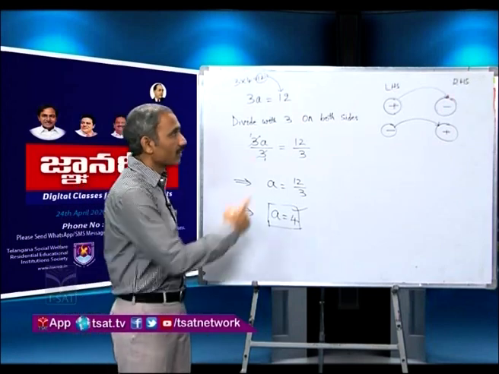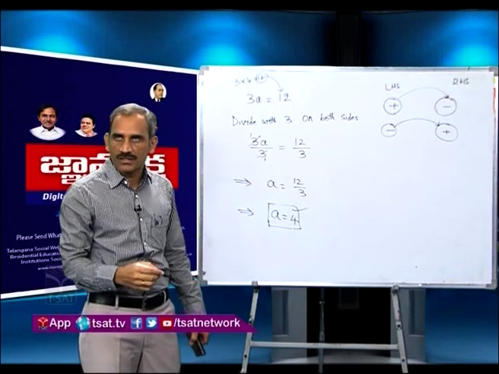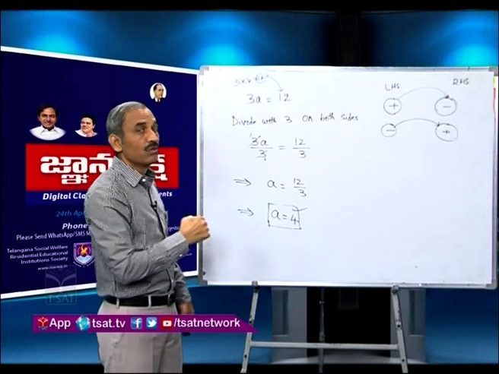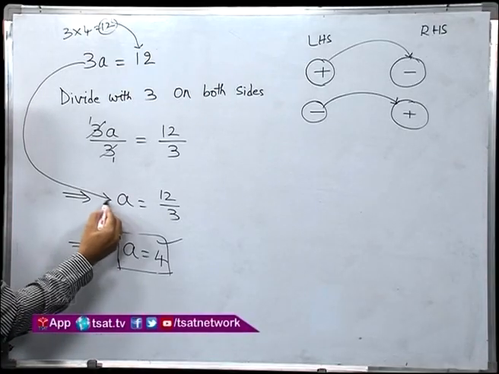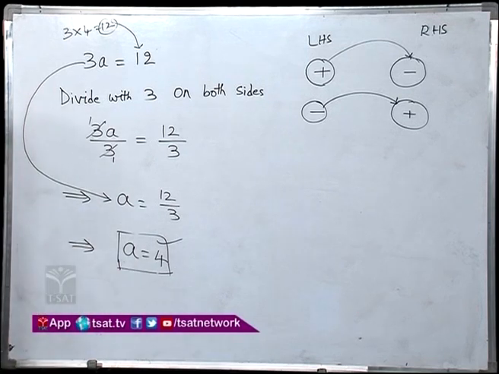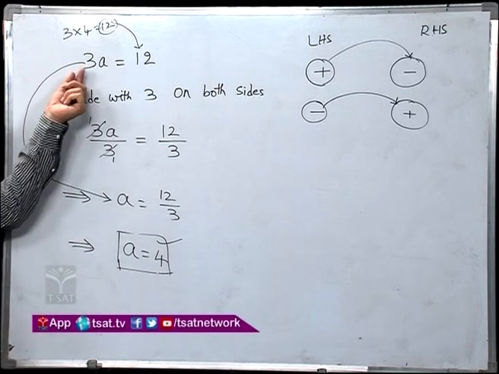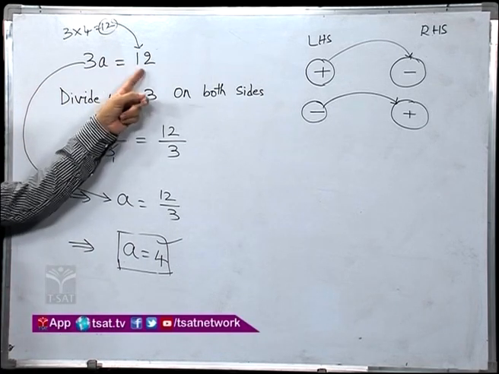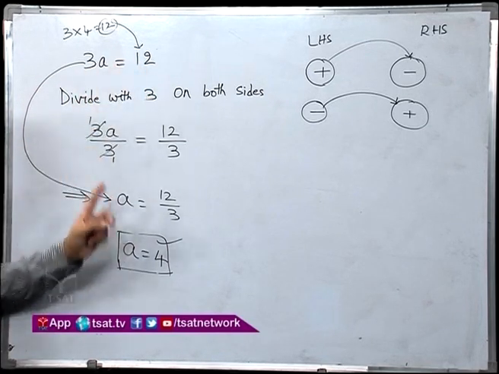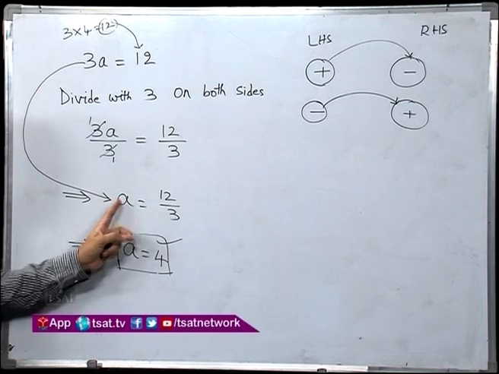Right. Again, we will find one more smart rule. If you observe these two steps, what do you find? Here 3 is multiplying. Here you have the same terms 3a, 12. Here also 3a, 12.